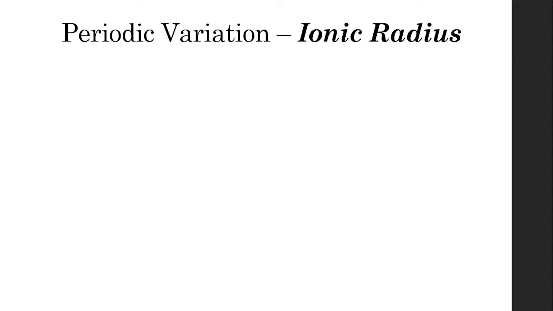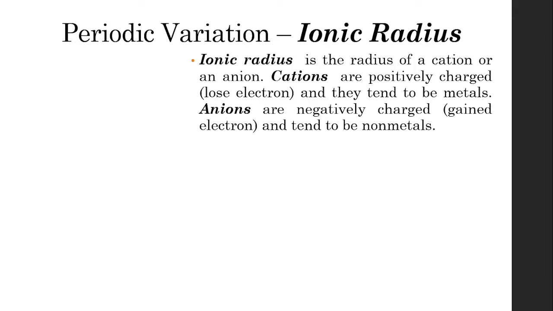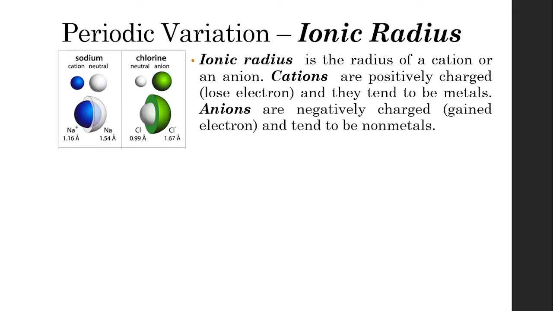Our next periodic pattern is a little bit different. It's called the ionic radius. Ionic radius is different from atomic radius because when we talk about it, we are actually talking about the radius of the cations and the radius of an ion. Basically, this is the radius of an ionic compound. So if we look at the most common ionic compound that we have, it's sodium chloride.